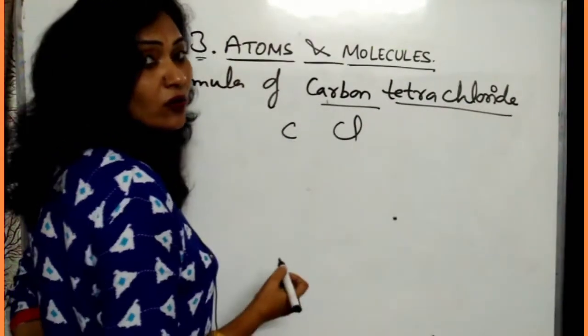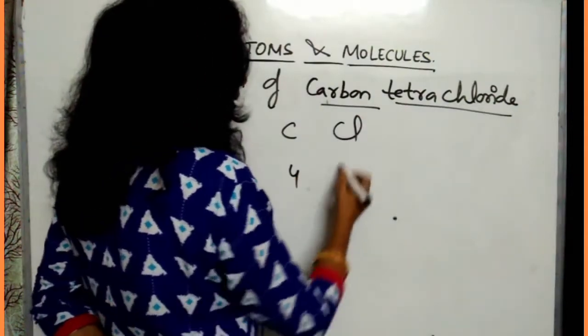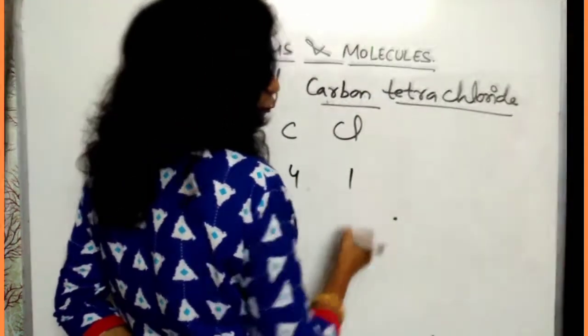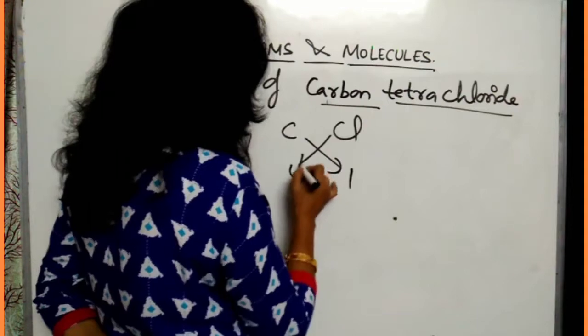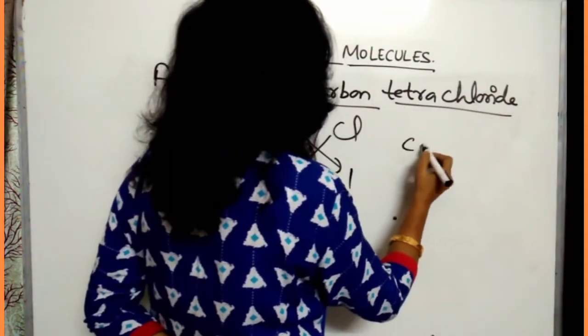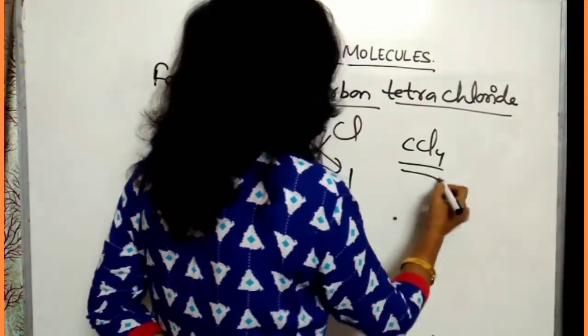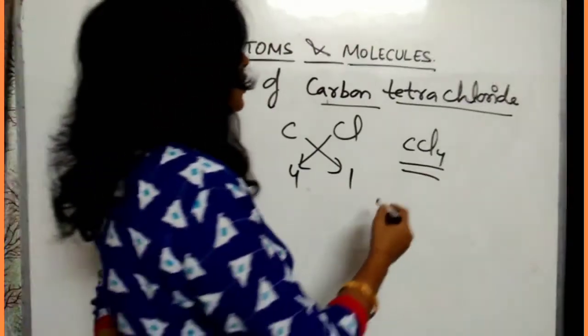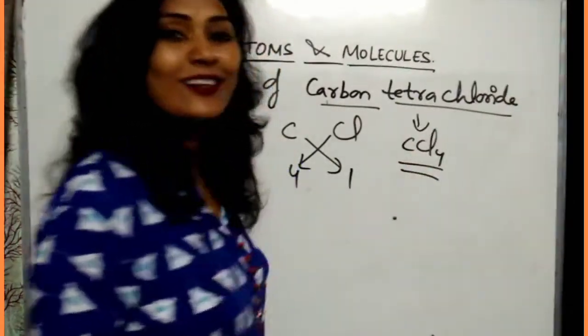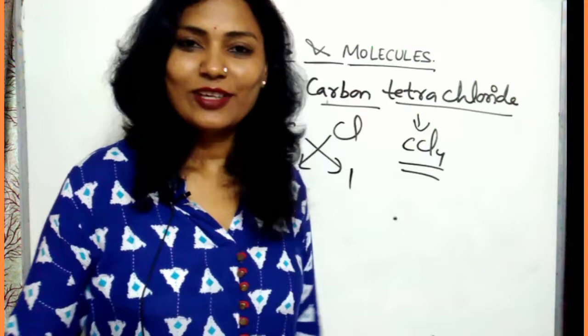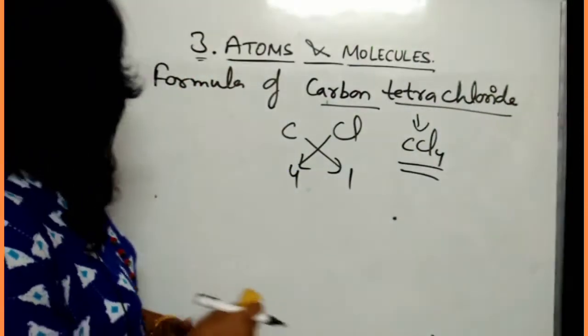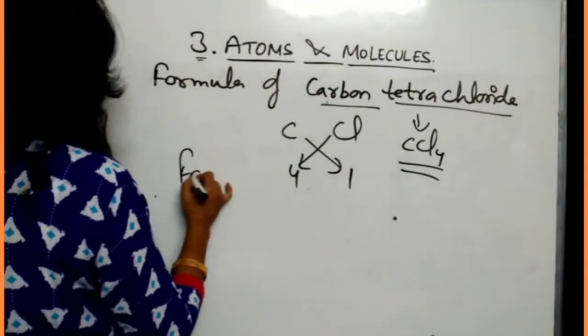What is the valency of carbon? It's 4, and chlorine 1. What you will do is cross over the valency, and it will become CCl4. So that is the formula of carbon tetrachloride.